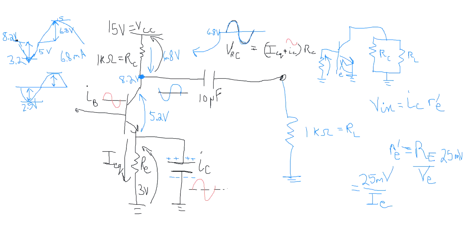Okay, and let me clean this up a little bit. So we have our transistor here. This is our AC model. And so there is what we call an AC emitter resistance across here. And this is the AC input voltage.